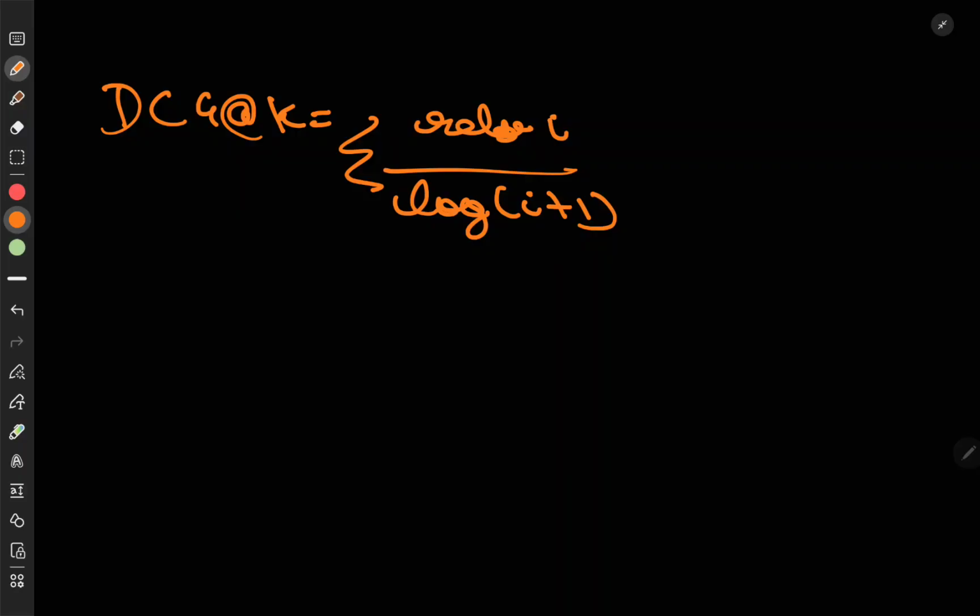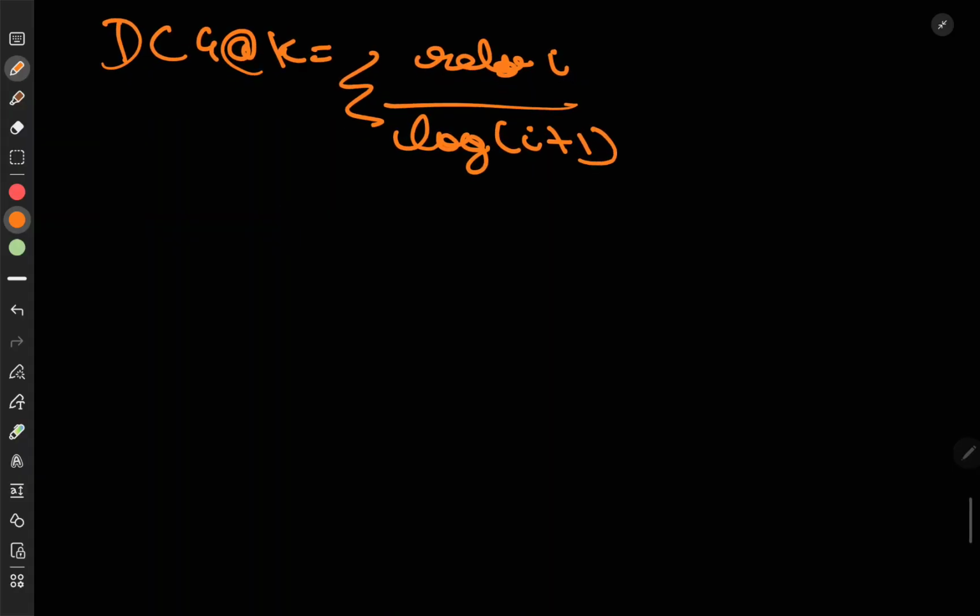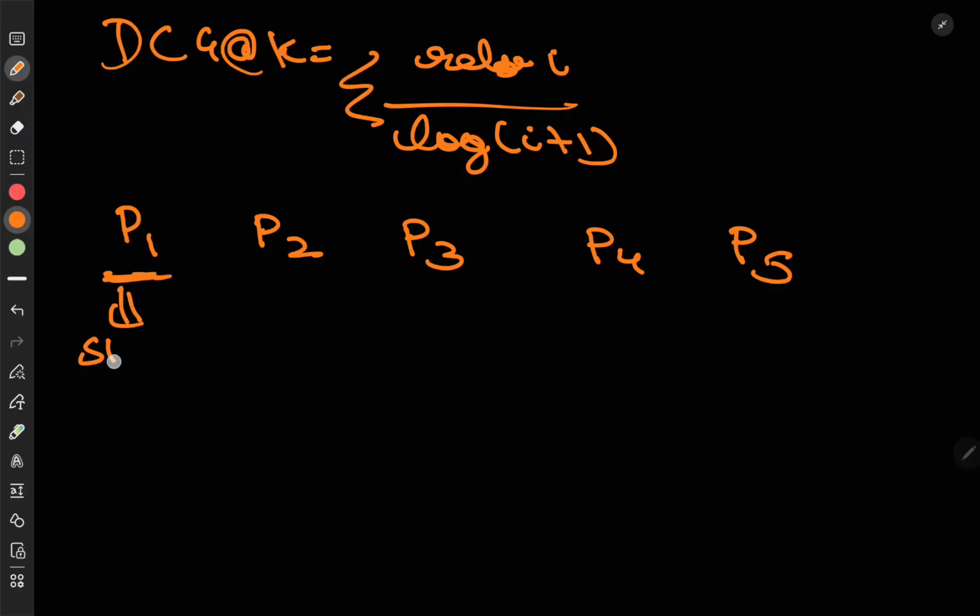Let me explain you with an example. Let's say our model gave 5 posts, P1, P2, P3, P4, P5.